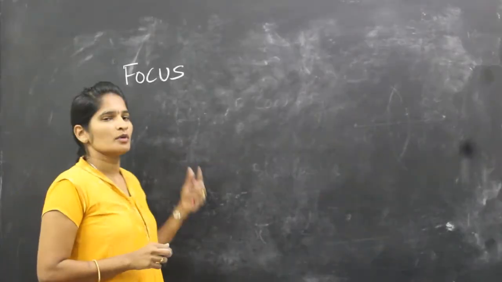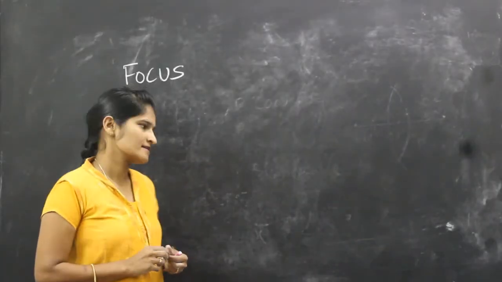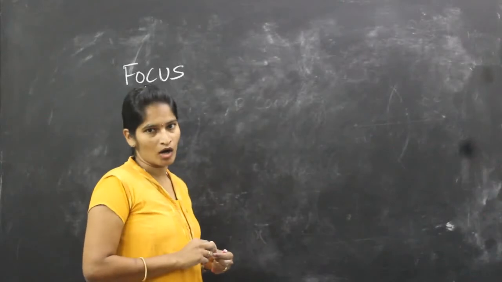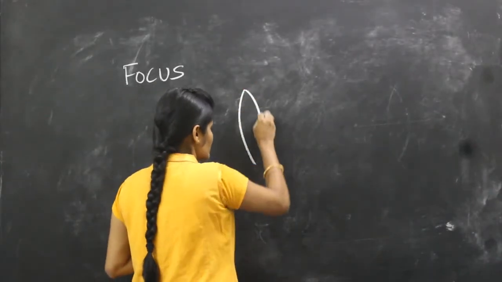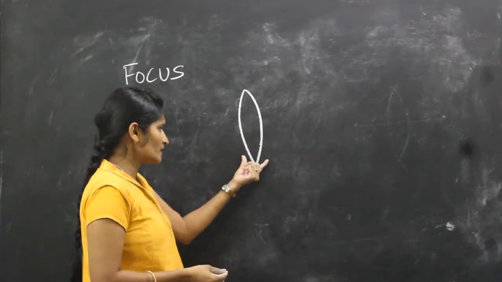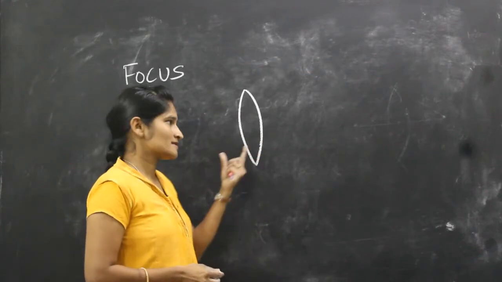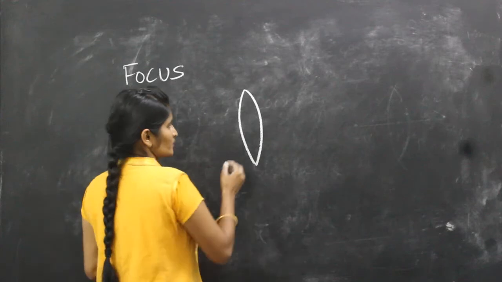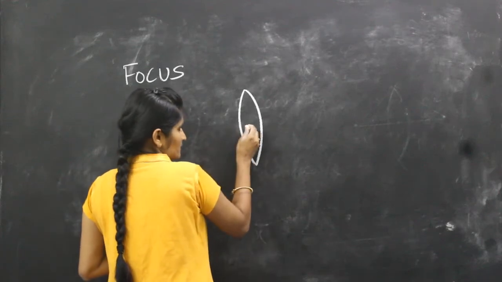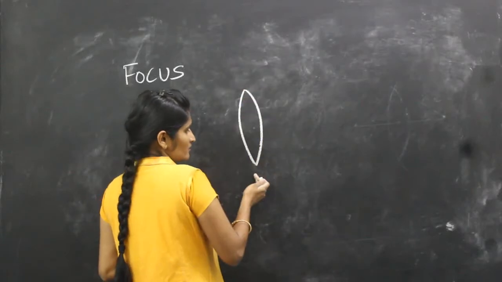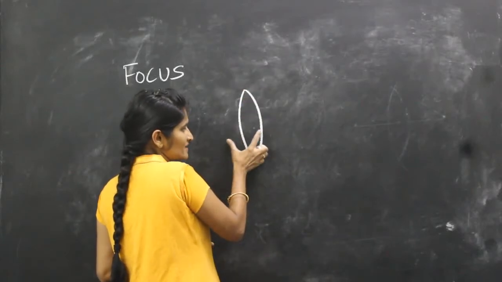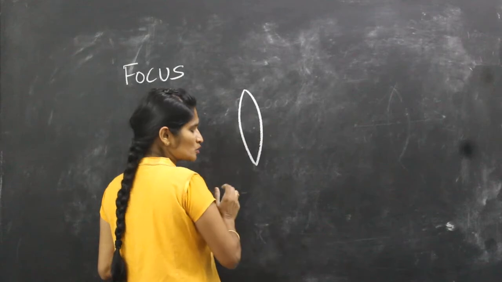Now we will learn about the focus of a lens. We will consider a convex lens, that is, a biconvex lens. Already we have learned the terminology: this lens will have two centers, because these two surfaces are parts of two spheres.